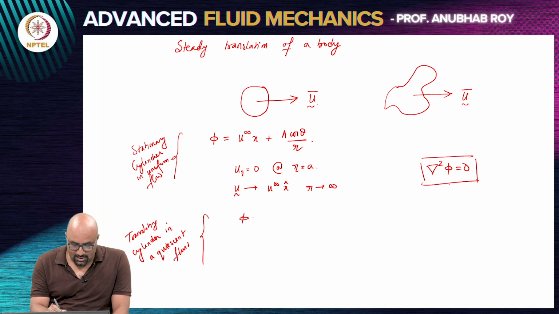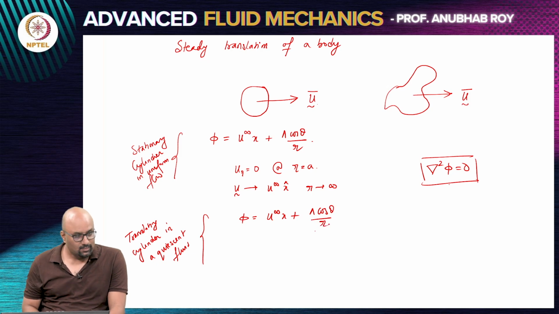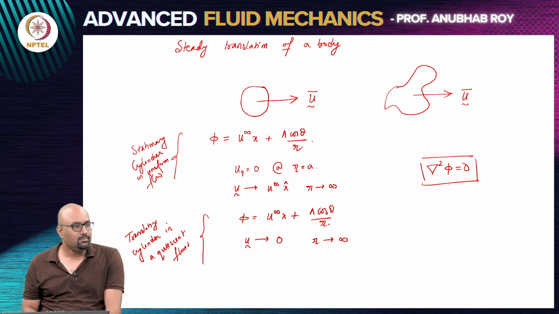So once again, if I just write down my solution as u infinity x plus lambda cosine theta by r, what are the boundary conditions in the problem? At infinity, the velocity should go to 0. The fluid is at rest at infinity.